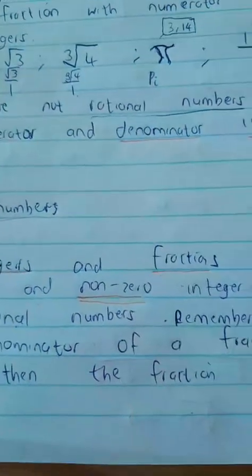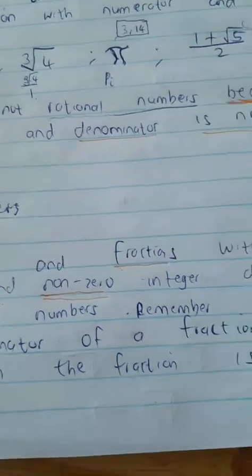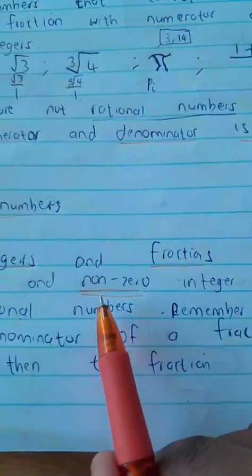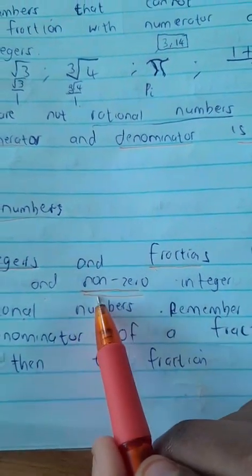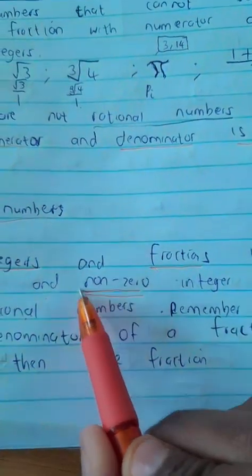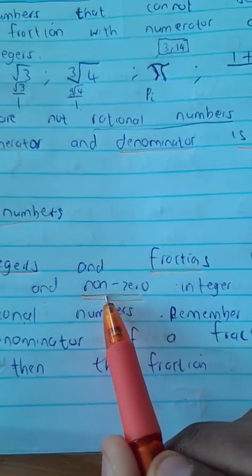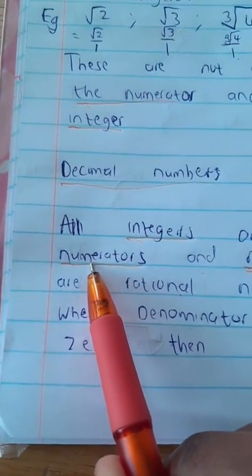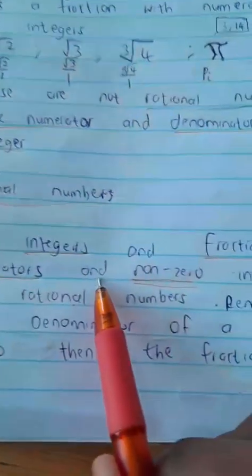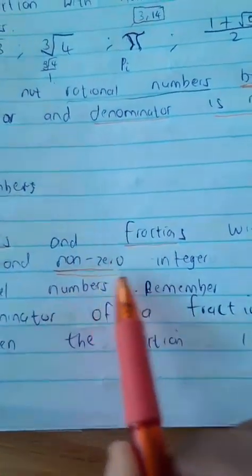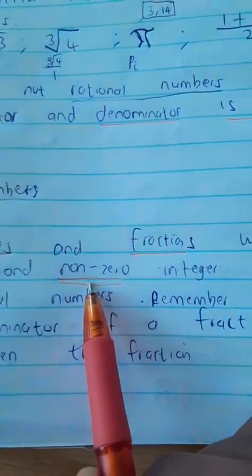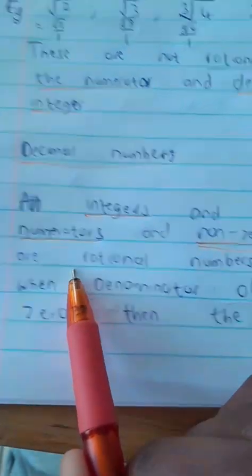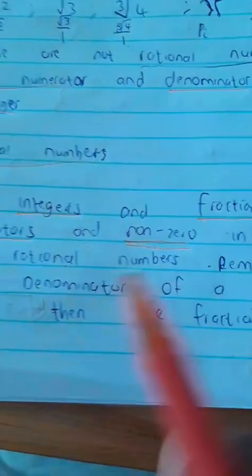What do we mean by non-zero? It means numbers that are not zero. The word non means not; it's a prefix. So we are saying all fractions with integer numerators and non-zero integer denominators. As long as the denominator is not zero, we refer to these as rational numbers.